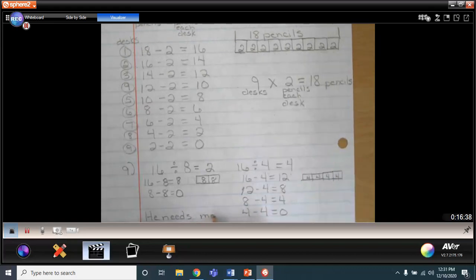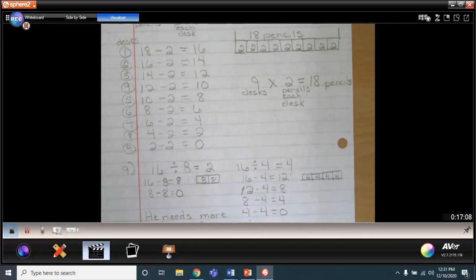So he needs more shelves if he puts only 4 planes on each shelf.